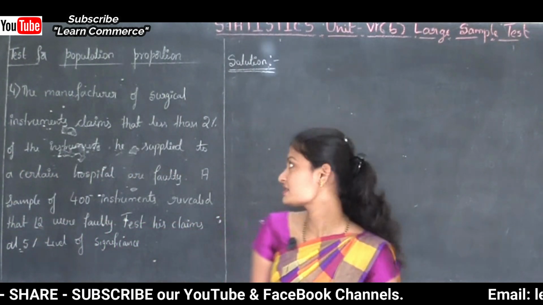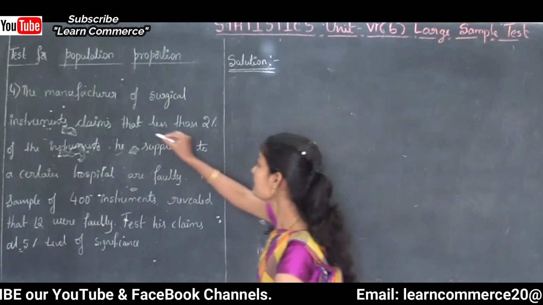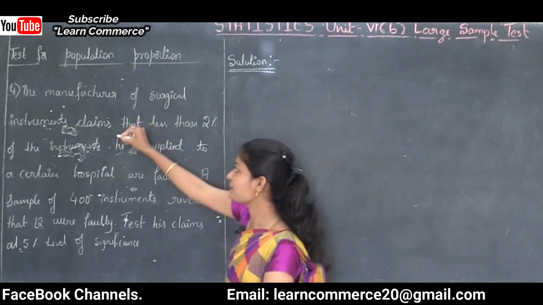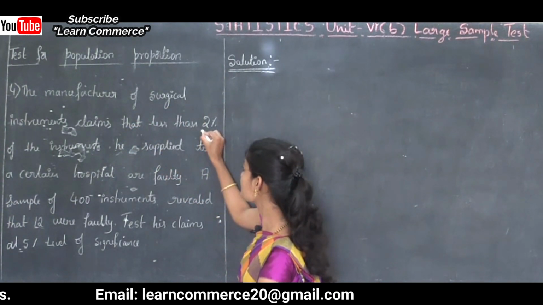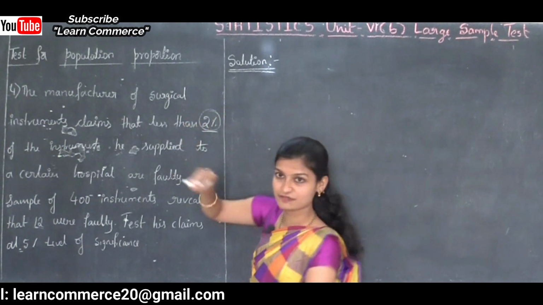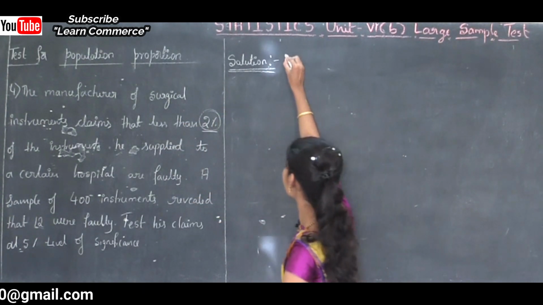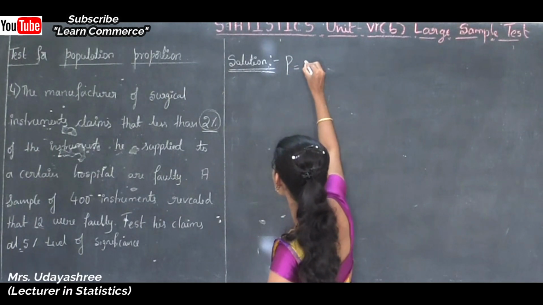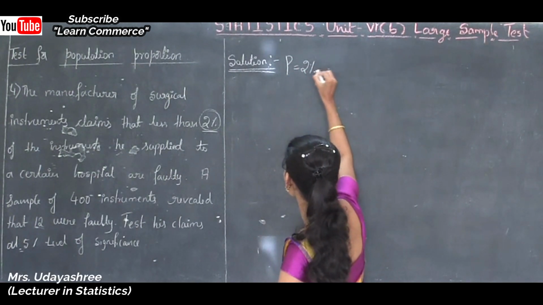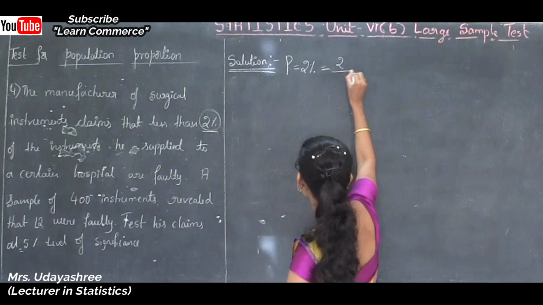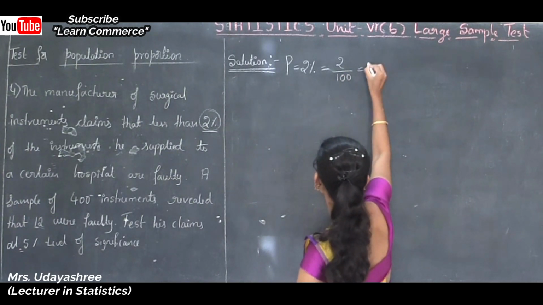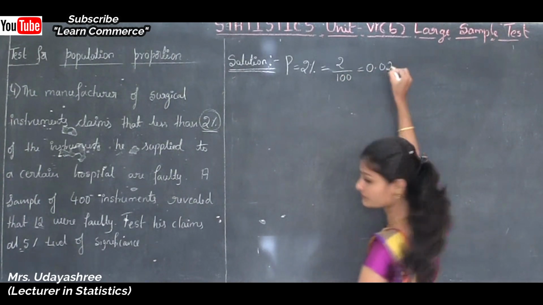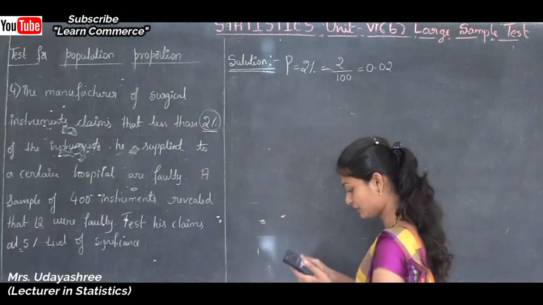Here given observations are, that is, see, the manufacturer of surgical instruments claims that less than 2%. See, this is percentage value, so this is capital letter P. So here capital letter P value is 2%. So we can write 2 by 100, that is 0.02.